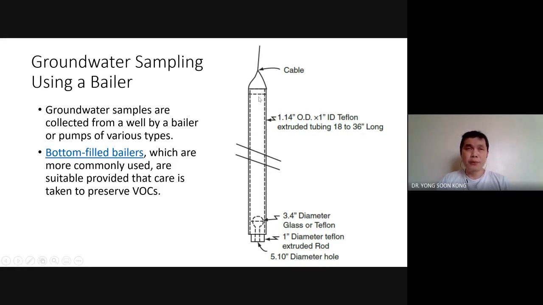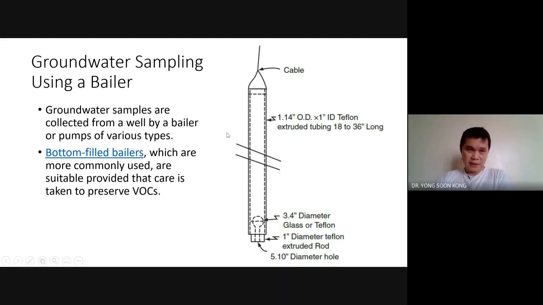Then when you pull it up, it will automatically lock this inlet and secure the groundwater. After that, you pull the cable up, then pour it out the same way it comes in. And then you repeat the entire process again.